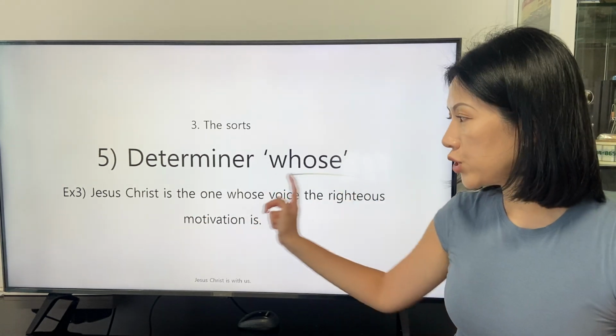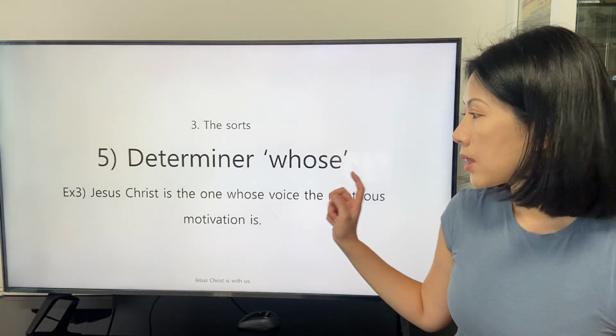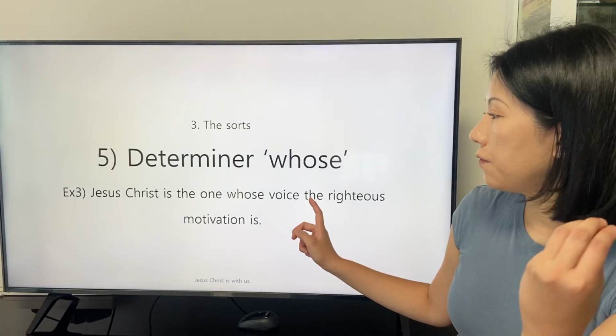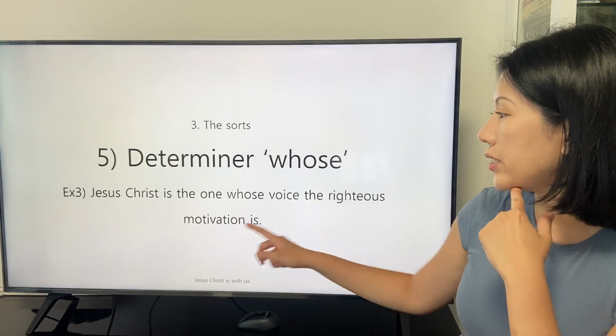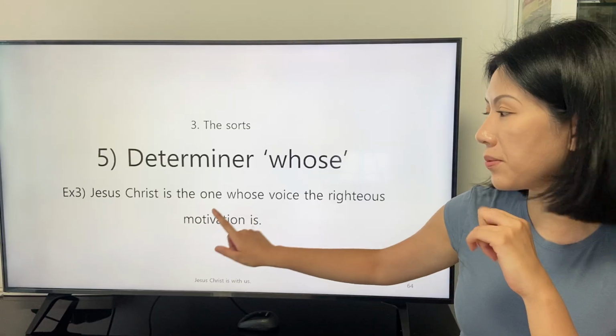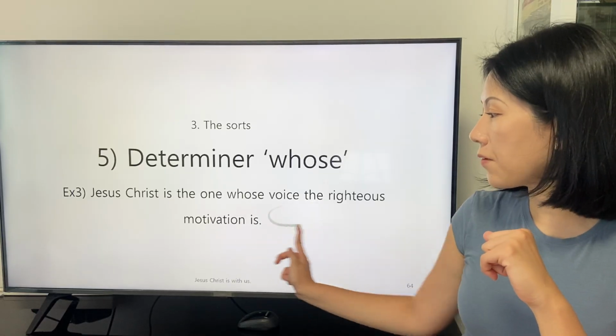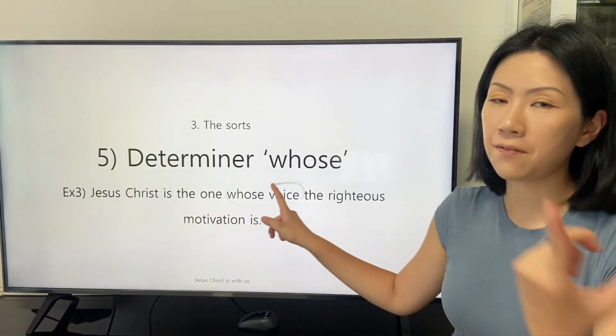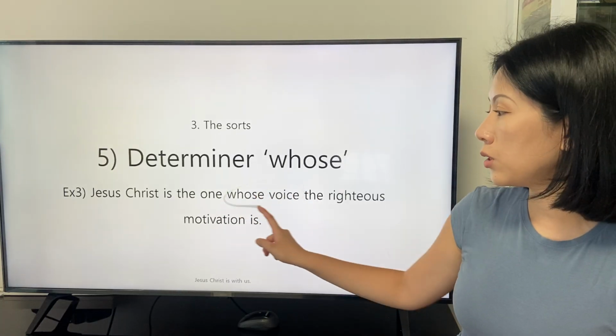And let's look into the subordinate clause. The subject of this subordinate clause is the righteous motivation, and the be verb describes the subject, and the subjective complement is indicated by the phrase of the general noun whose voice.